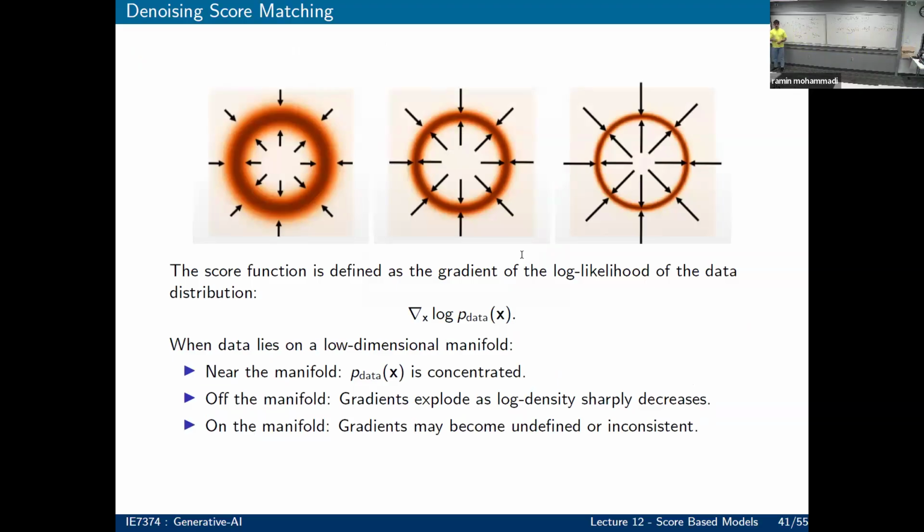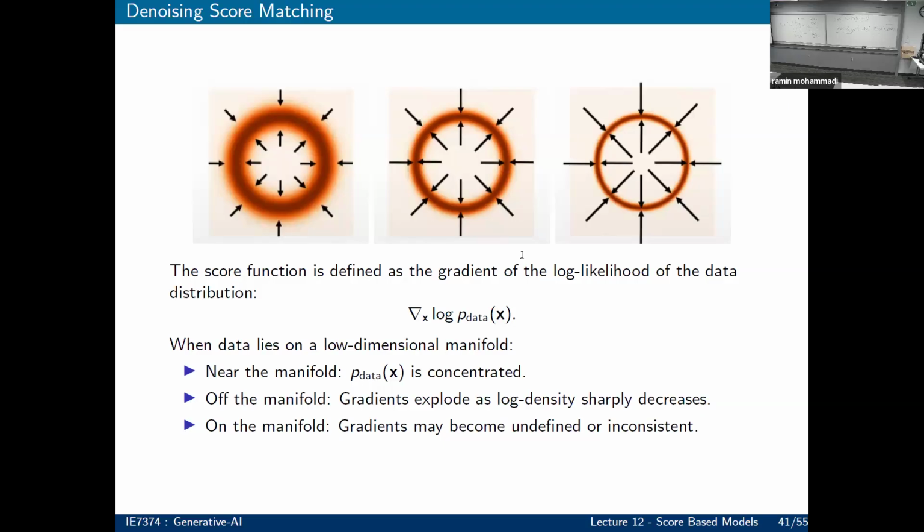One is that, on the left, this ring is an indication of the probability density. The arrow is pointing toward the center of the rings. That means where the density is higher. So if you're here, it tells you go this direction.